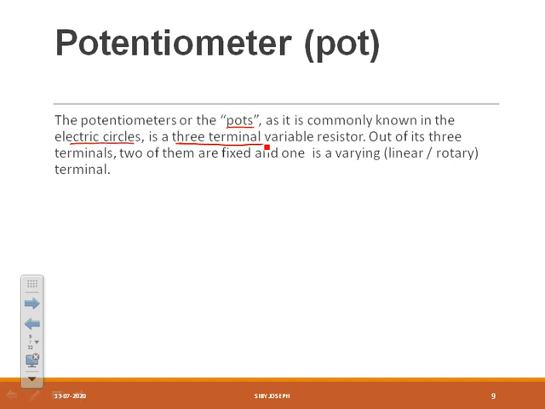This is a 3-terminal variable resistor. Out of these 3 terminals, 2 are fixed and 1 is varying. And this varying terminal can have either a linear variation or a rotary variation.